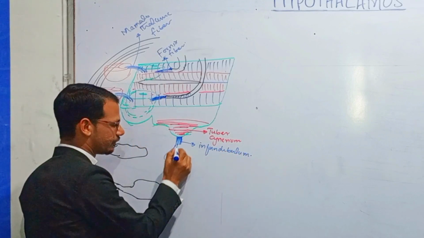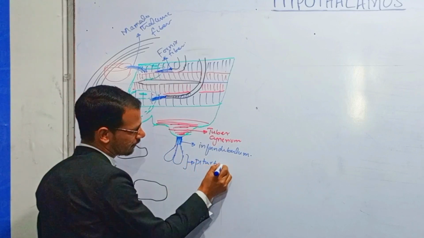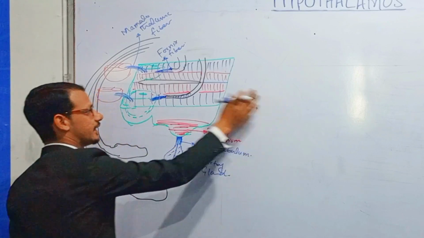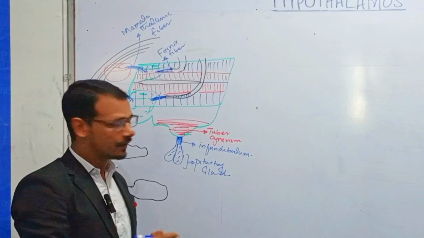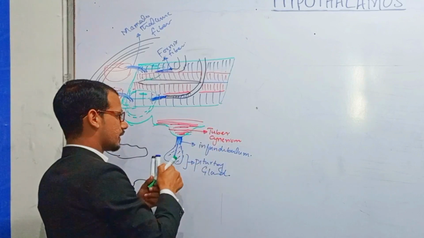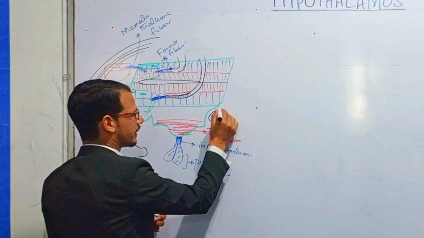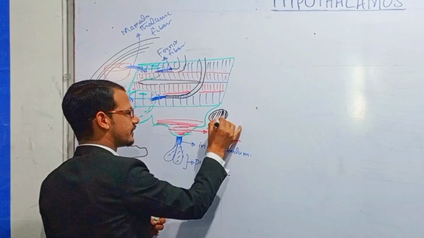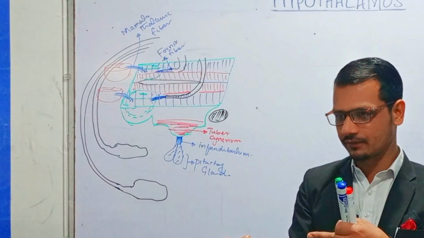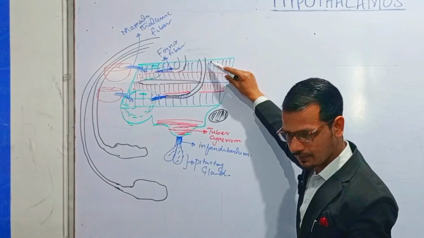And here we have the two-lobed gland, which is called the pituitary gland, the anterior lobe and the posterior lobe. This is the anterior side, this is the posterior side, right? Here a structure called the chiasma is present. From where does this chiasma occur? This is the area where the optic nerves join each other, the right optic nerve and left optic nerve, right? So this area is called the preoptic area, right?